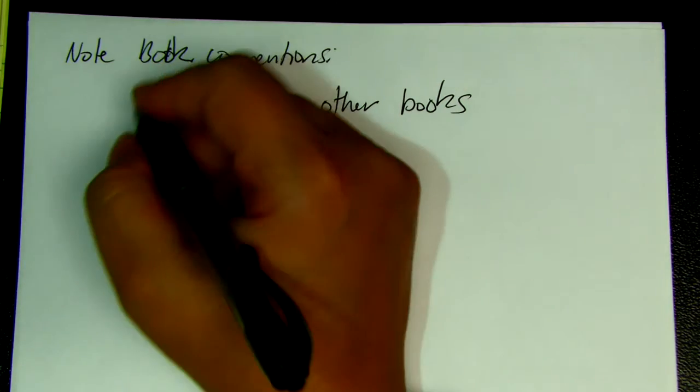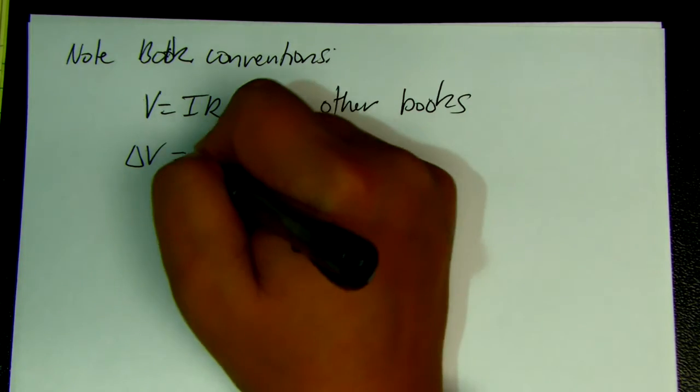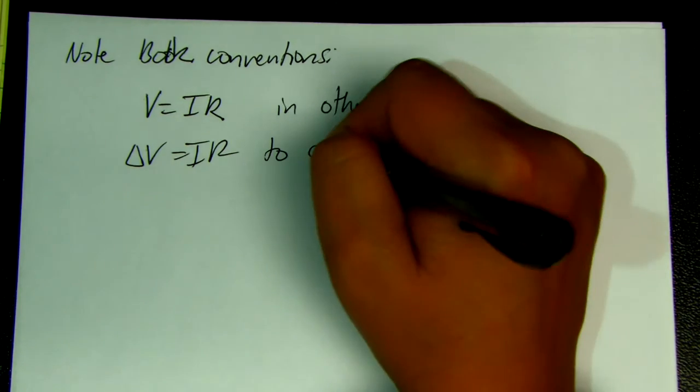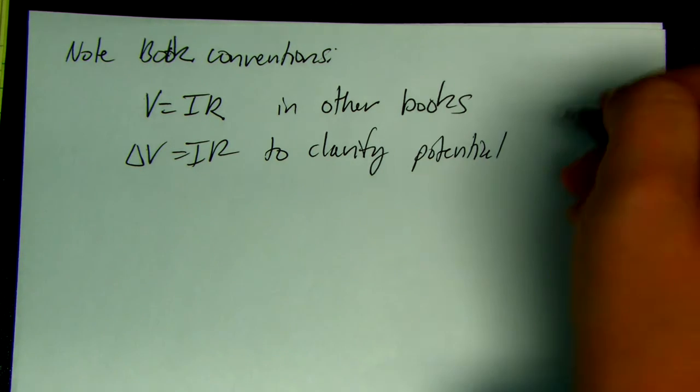But in this book, we use that delta V is equal to IR to clarify that this is a potential difference.